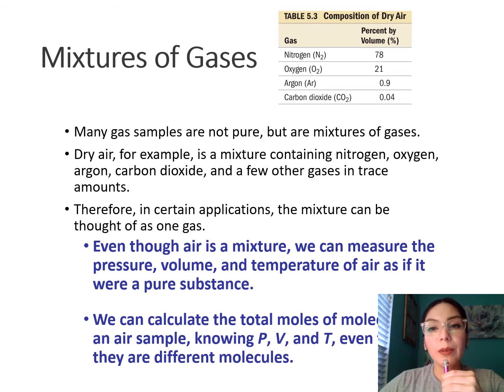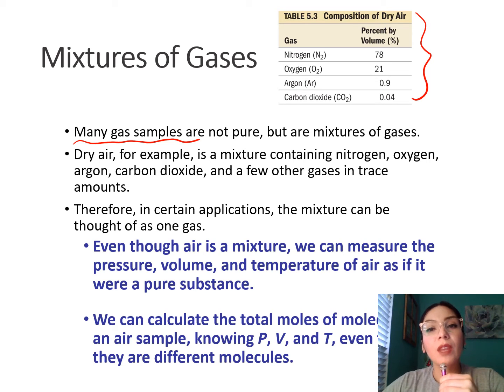So in the environment, we have atmospheric gases. This is actually a mixture, and like many samples that we have of gases, we find that they're not just one specific pure gas, it's usually a mixture. In the atmosphere, we have 78% nitrogen, 21% oxygen.